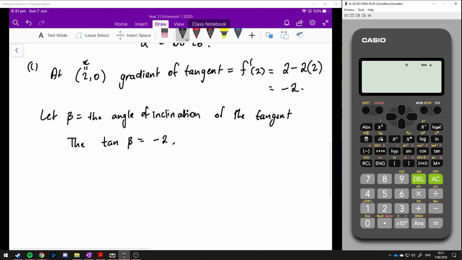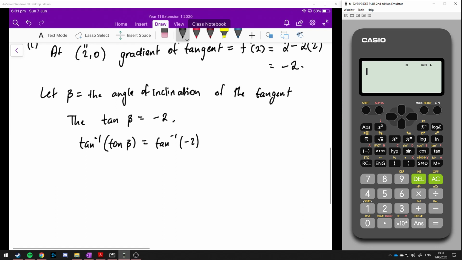To get beta by itself, we take the inverse tan of both sides. So tan -1 of -2, and we get beta is equal to -63 degrees.